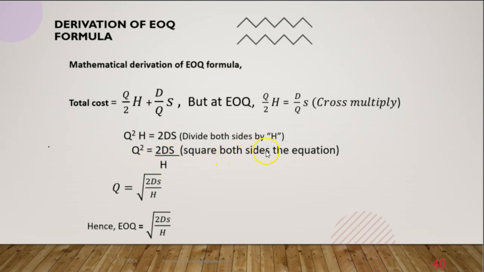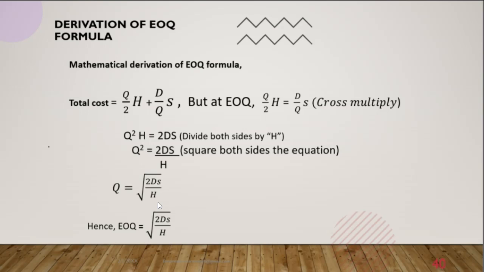If we take the square root of both sides of the equation, we will get Q equals the square root of 2DS over H. That is the quantity we are looking for in our explanation before. That is the 400 units.